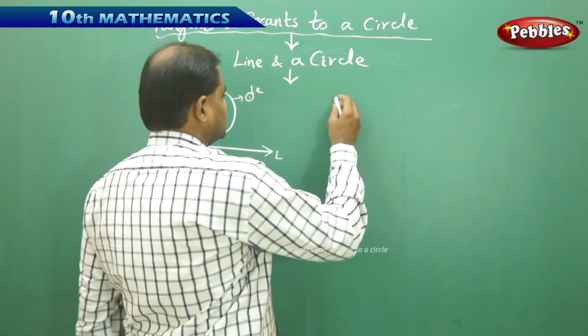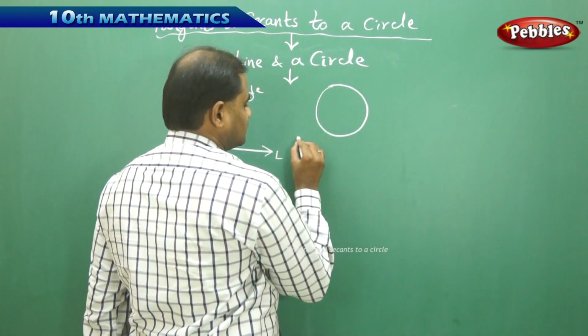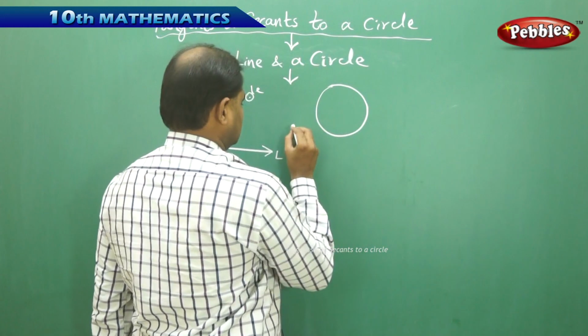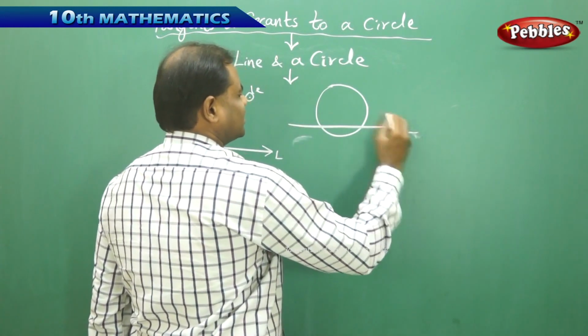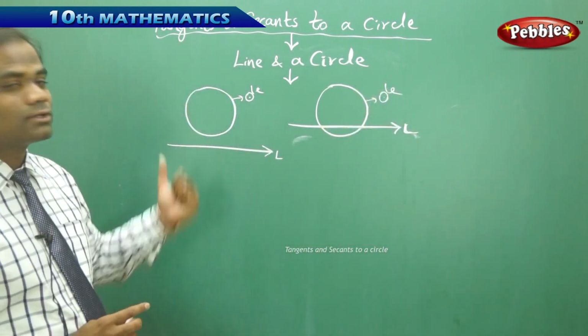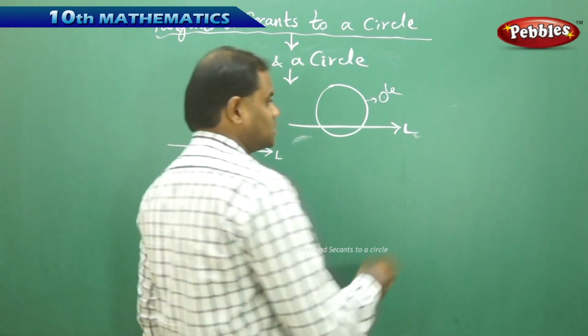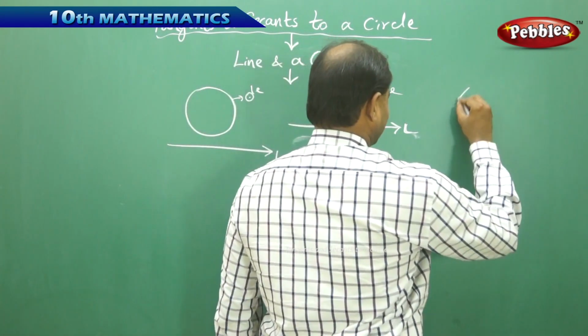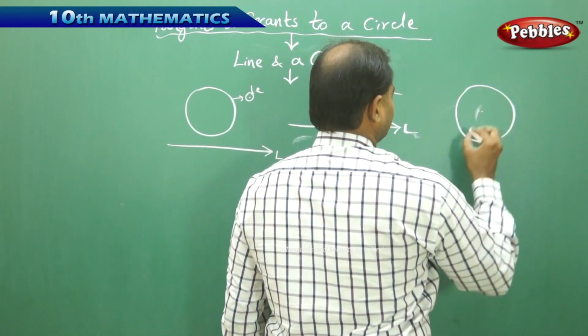Now the second case is where I have a circle and a line which cuts the circle. Here the line cuts the circle, and there the line does not cut the circle or pass through the circle.